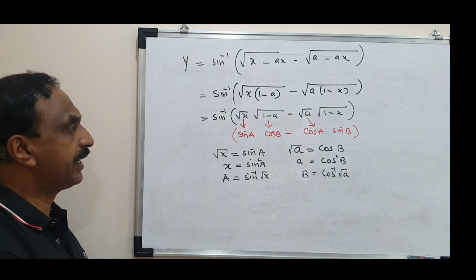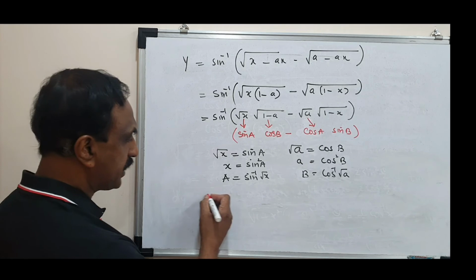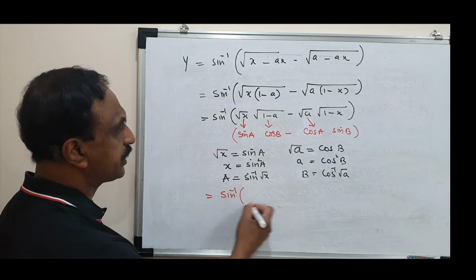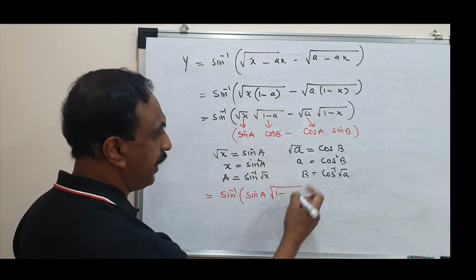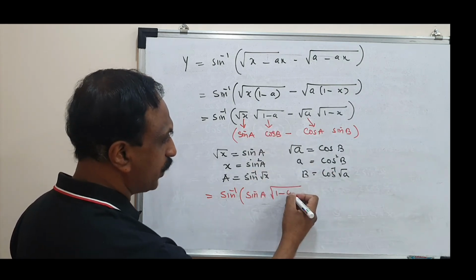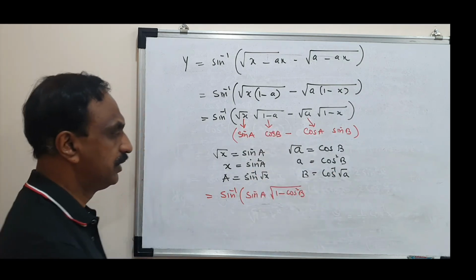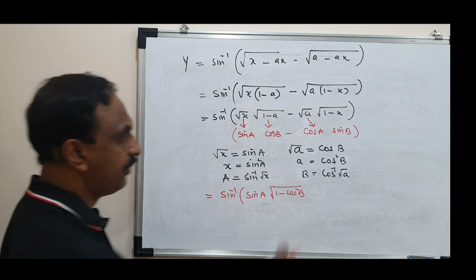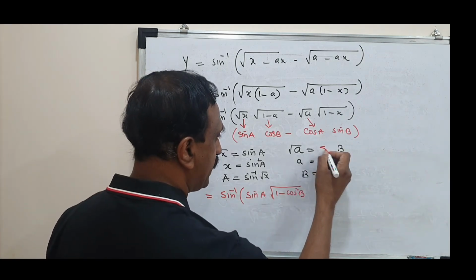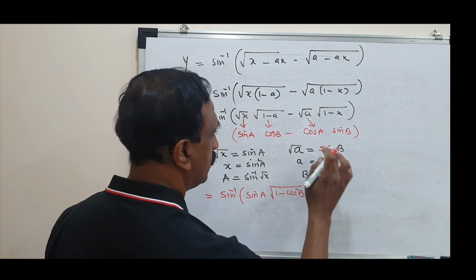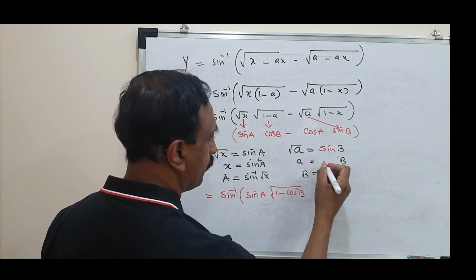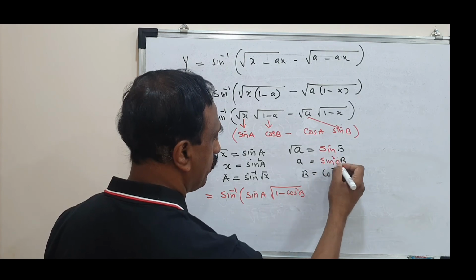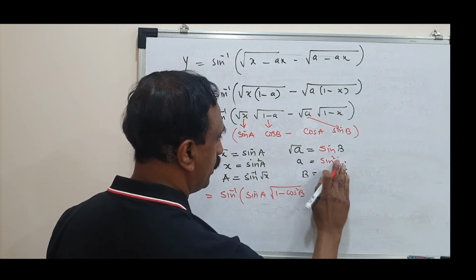If you do it in this manner, you can write this as sine inverse of sine a into root of 1 minus a, where a stands for cos square b. No, I will have to change this. I will write this as sine b. Then only I'll get a proper answer.